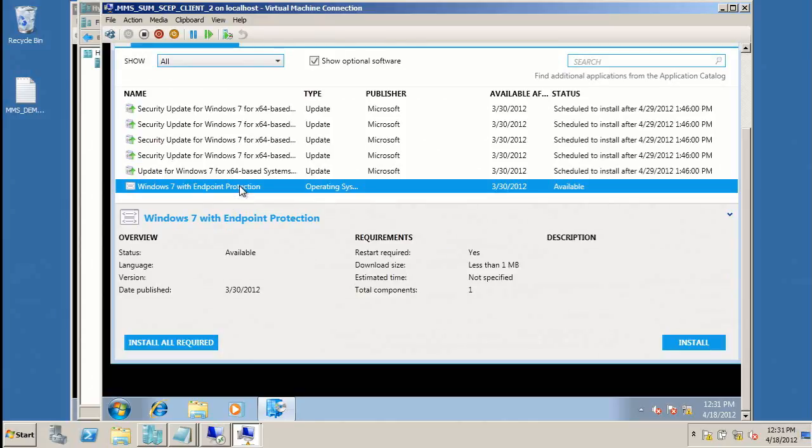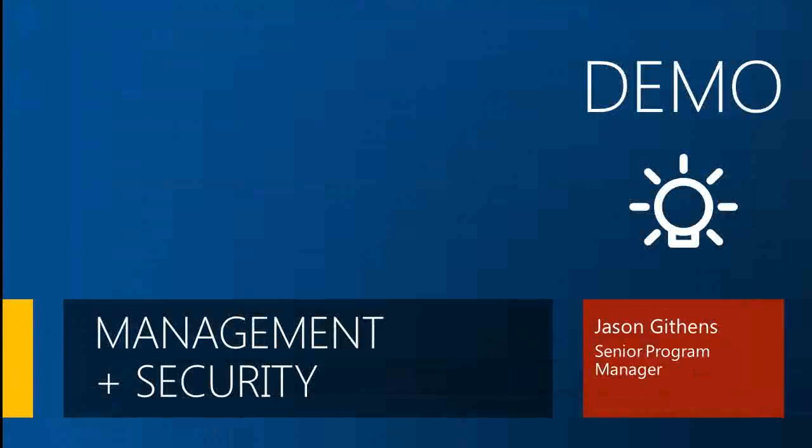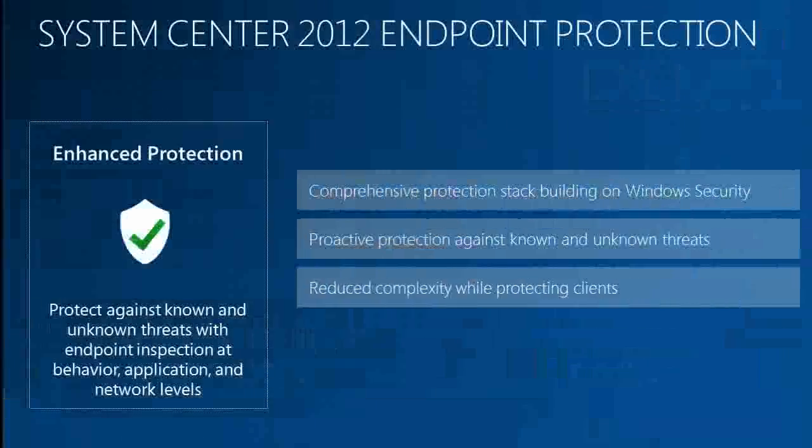So let's go back to the slide deck here, and we'll just talk about the client now, the actual protection side of it. I don't know if they're in the room or not, but we have a couple of teams that work on this side of the equation. It's the protection services team and the protection team that built the client.